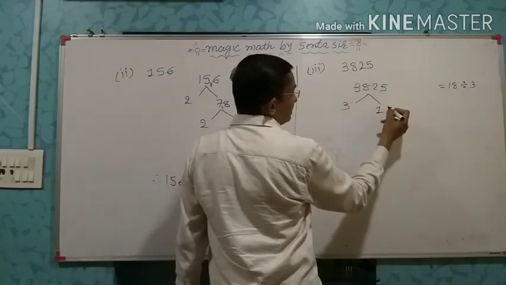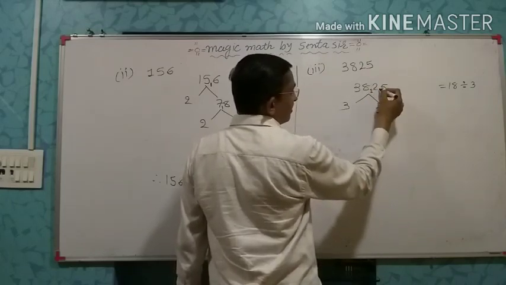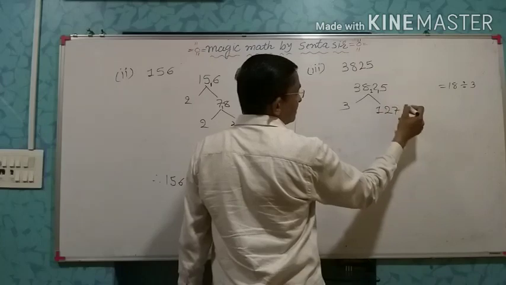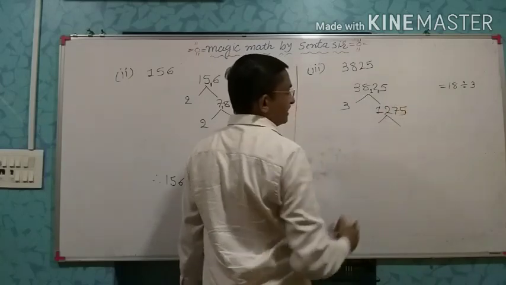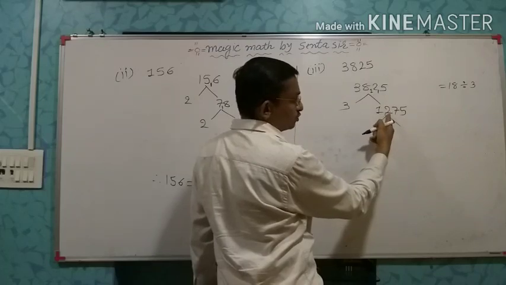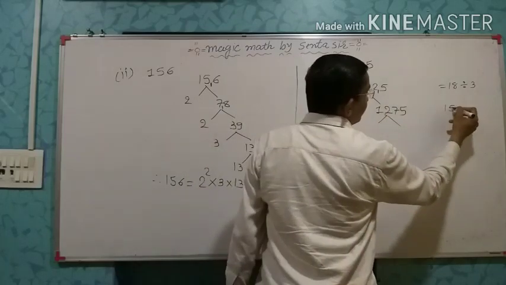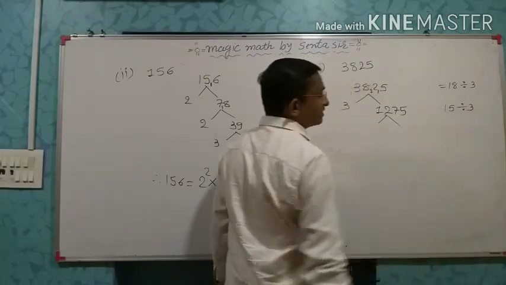3 ones are 3, 3 twos are 6, 3 sevens are 21, 3 fives are 15. 5 plus 7, 12, 12 plus 2, 14, 14 plus 1, 15. 15 is divisible by 3.